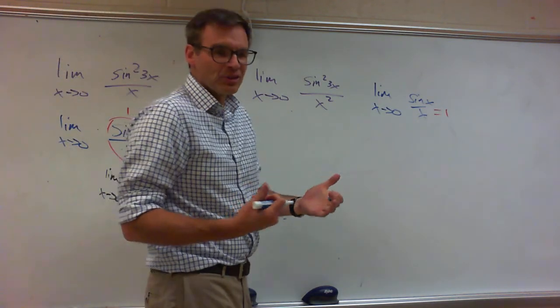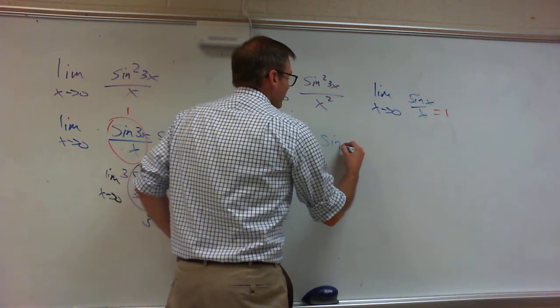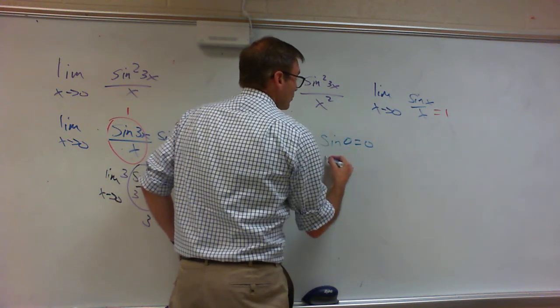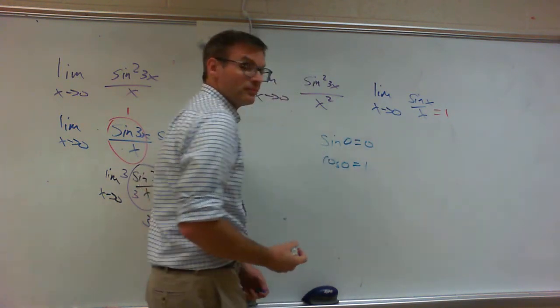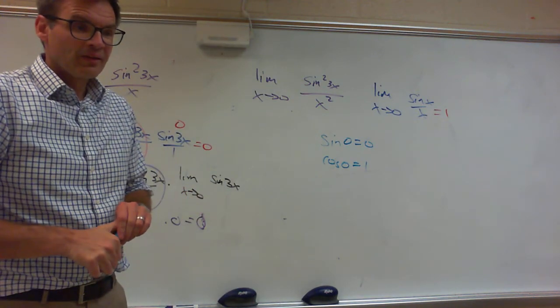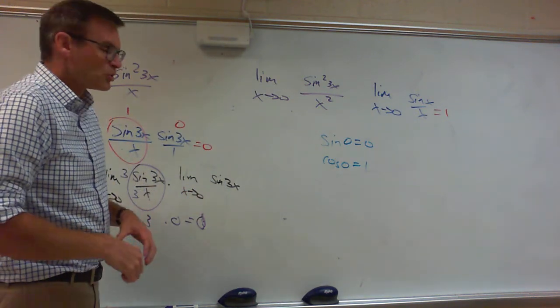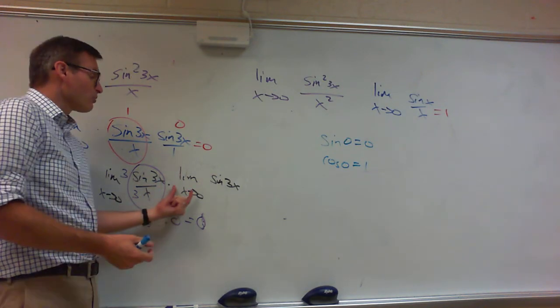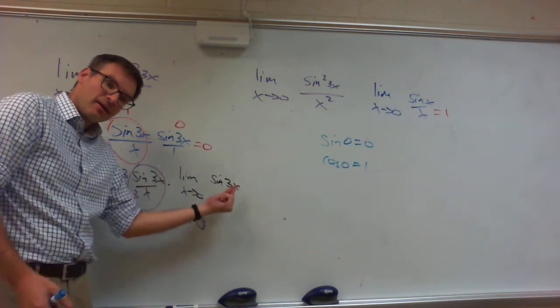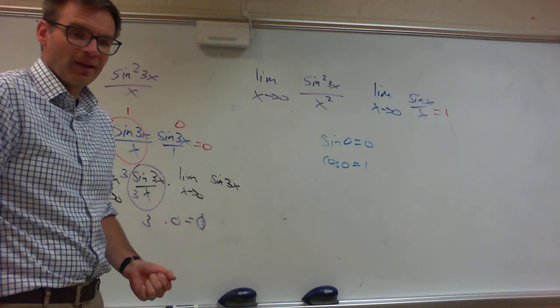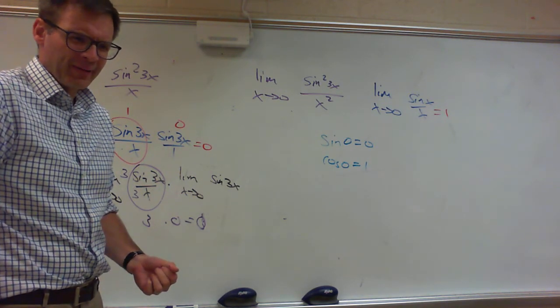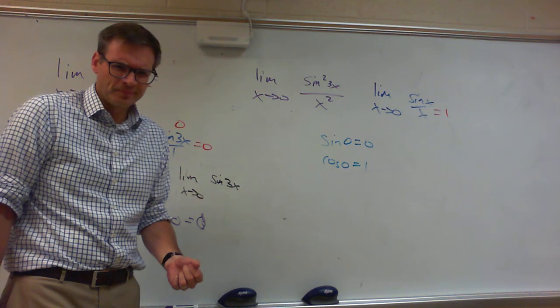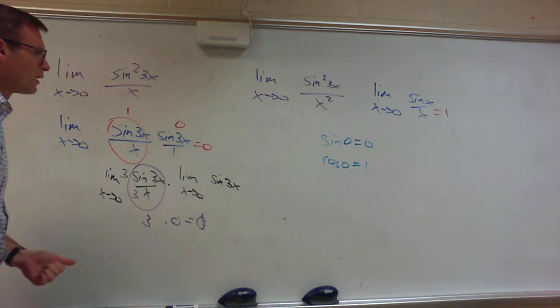Those things that you have to know on a daily basis are that sine of 0 is equal to 0 and cosine of 0 is equal to 1. And so when you're computing a limit, you're looking for a y value. You're looking for what happens when you plug the x value in. I don't know, did that help? Yeah, that makes sense. Thank you. Okay. All right.